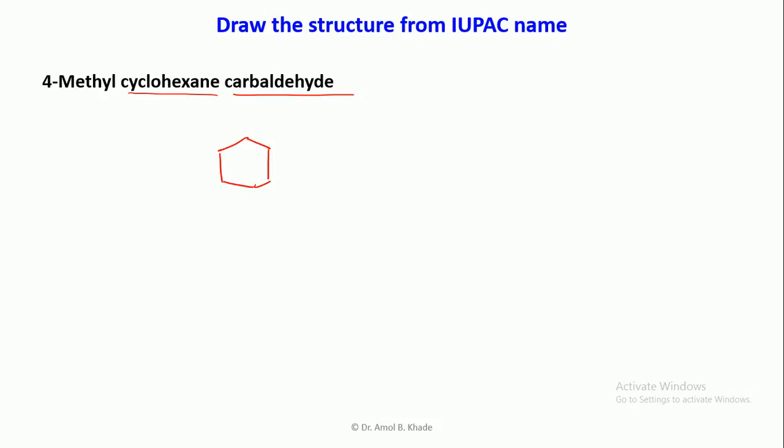So first we can draw the aldehyde group anywhere in the ring. Okay, so draw it clearly here. Okay, so let's say I have attached an aldehyde group here as CHO. You can also write it in this way, C double bond O and H. Okay, so this will be number 1.